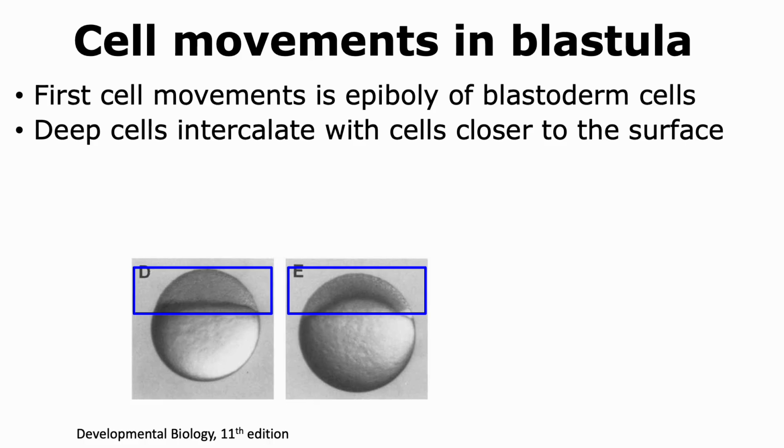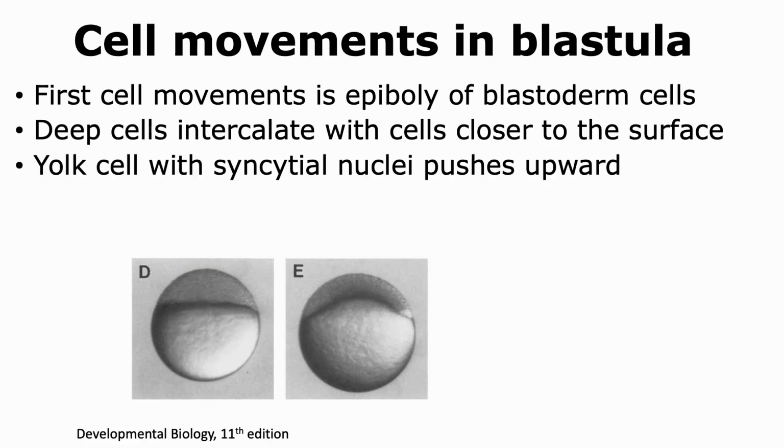So it is thinner than what we see in the figure to the left. This is because of the intercalation of the inner deep cells with the deep cells that are closer to the surface. Now the yolk cell, which has the syncytial nuclei, pushes upward to form a dome shape.